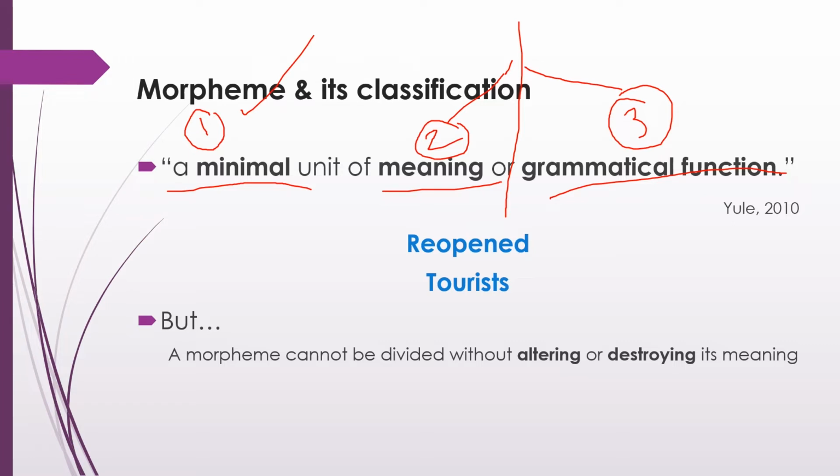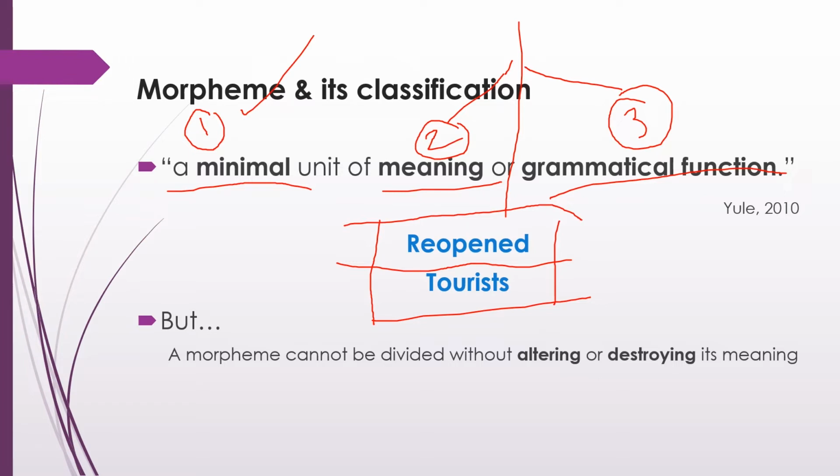Sometimes there might be some morphemes which can show both of them, but they are very rare. So either they have the meaning or the grammatical function. We are very clear about meaning, but what is the grammatical function we are referring to here? Let's see these two words, as we are referring to the study of word and word structure.